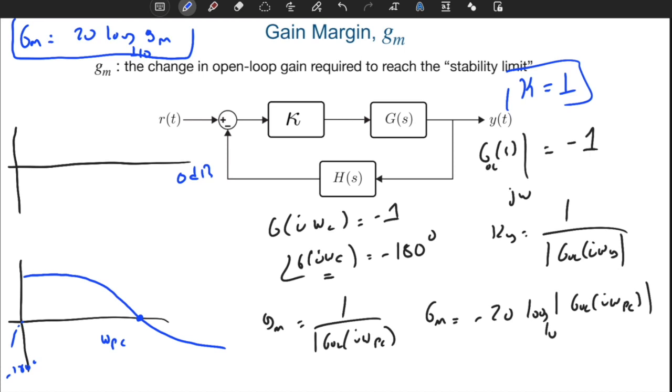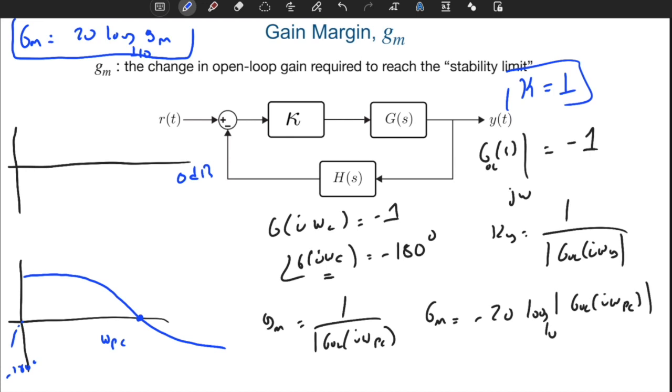So what is 0 dB? When we look at the gain margin, this is my 0 dB line, 20 log 1. If my gain margin is equal to 1, it is equal to the nominal value, so it is like the 0 dB point.